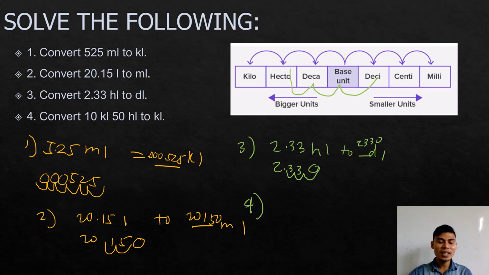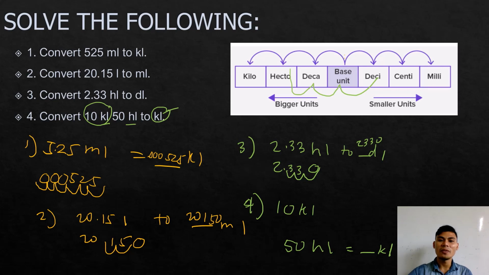For number 4, the same concept kanina. Diba? So, 10 kiloliters and 50 hectoliters daw to kiloliters alone. So, again, 10 kiloliters na. So, okay, safe na siya. May 10 kiloliters na tayo. So, ang i-convert na lang natin is 50 hectoliter to kiloliter.